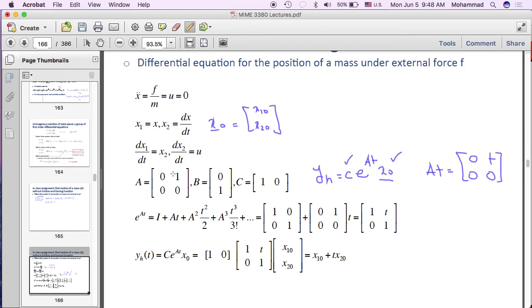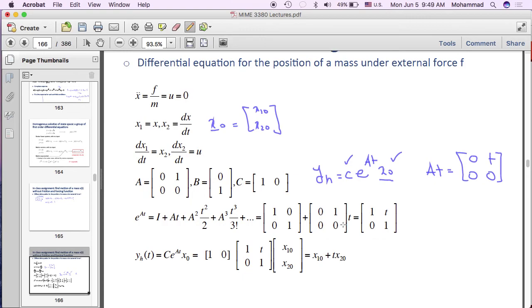In order to find e to power AT, I need to start with the identity matrix, 1, 0, 0, 1, plus the matrix itself, which is 0, T, 0, 0. And the good news is that the series stops right there.